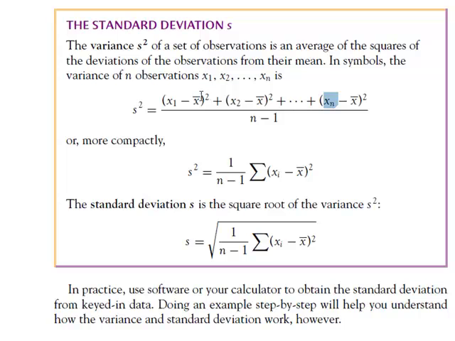So what you get here is called the deviation of x1 from the mean, and the deviation of x2 from the mean, and so forth. And you square to get rid of cancellation, and you add them up, and then you divide by n minus 1. There's a question about why it's n minus 1 versus n. It's supposed to give you the average deviation from the mean, or actually the average squared deviation from the mean.